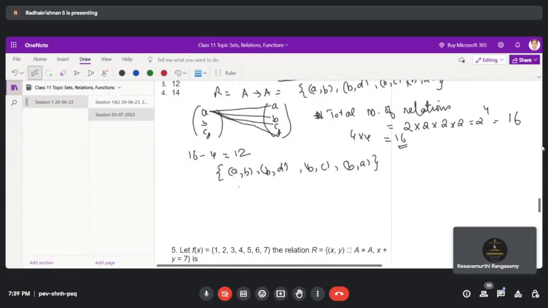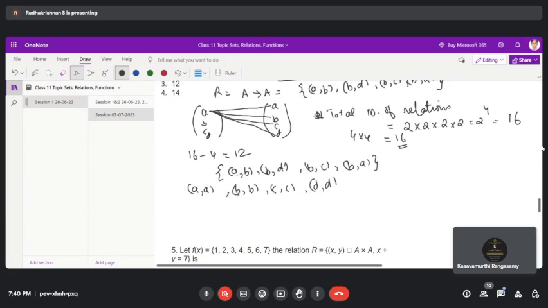So to make it reflexive, what do we need to add? We need to add AA, BB, CC, DD. Because reflexive means each element should be mapped to itself, these elements need to be added.